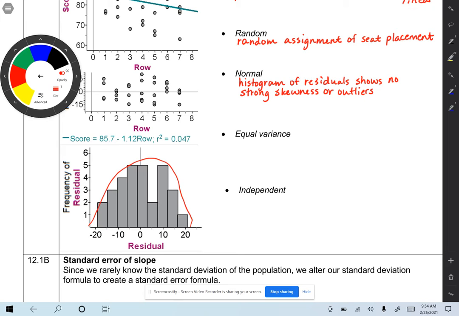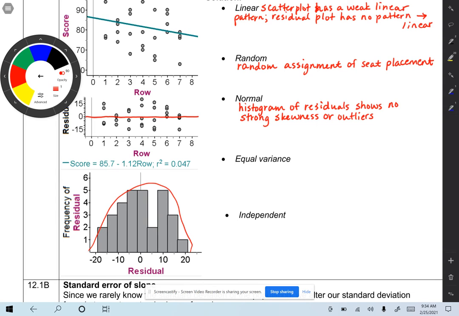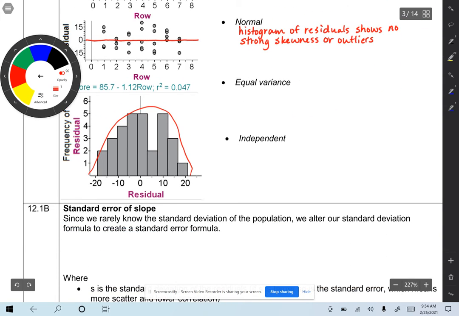And then for the equal variance, we're going to look at the residual plot again. And looking at the graph, there's an equal number of dots, roughly even number of dots above and below this line. And there's even scatter on the left and right. And therefore, that condition is met.